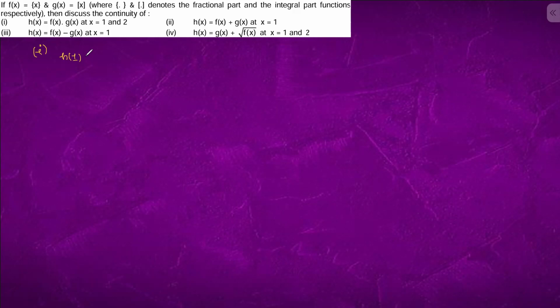h(1) will be what? Fractional part of 1 minus greatest integer of 1, which is 0.